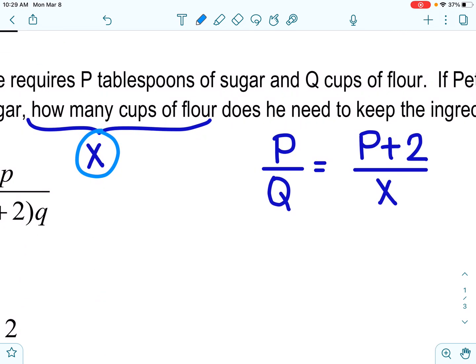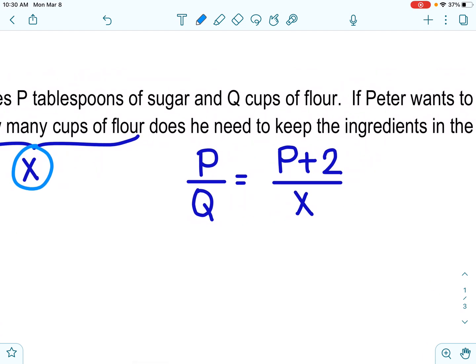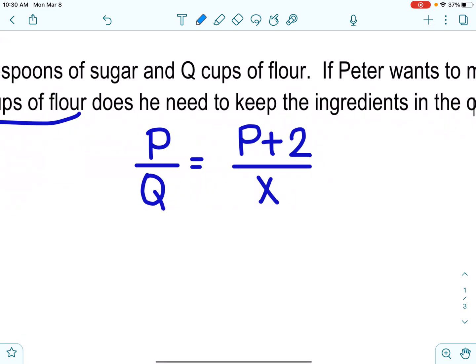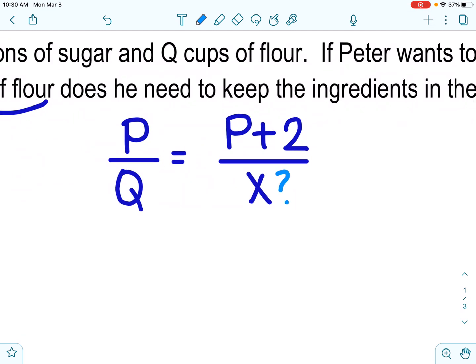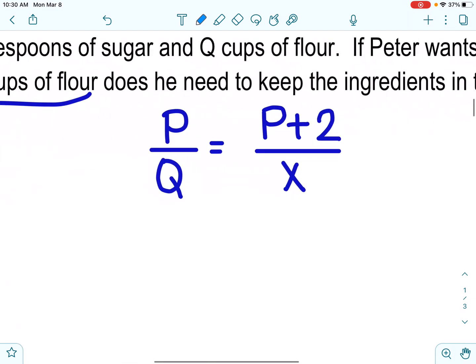So P tablespoons over Q cups of flour. Well, now in my new situation, I'm gonna have P plus 2 for the sugar, and this is what I don't know. So how many cups of flour? So let's cross multiply.